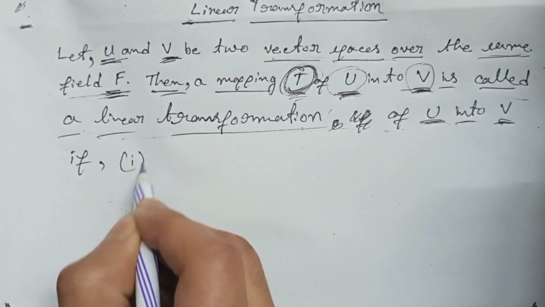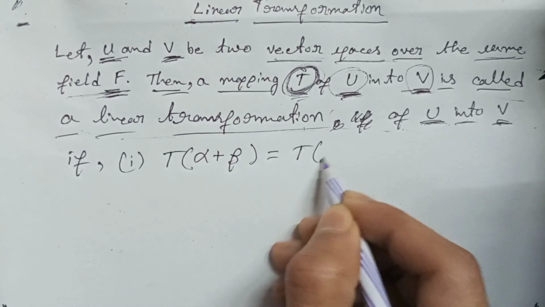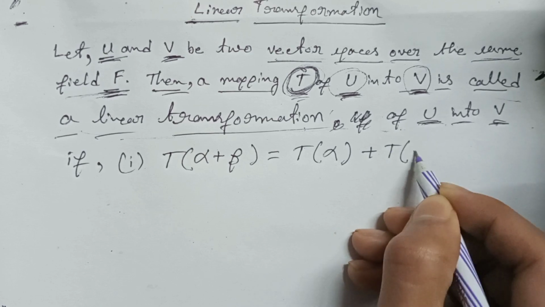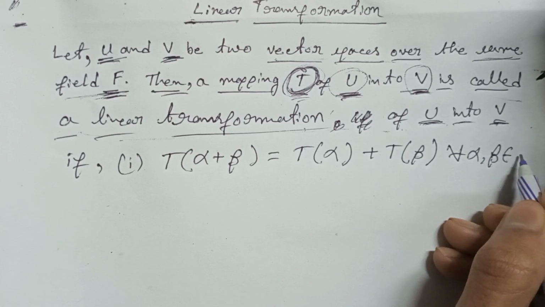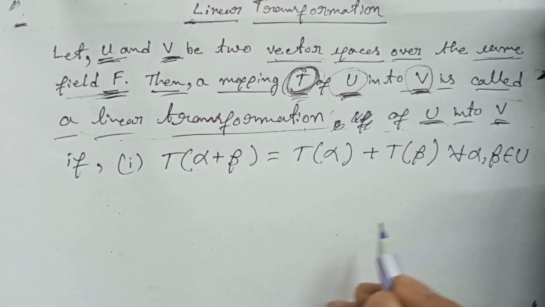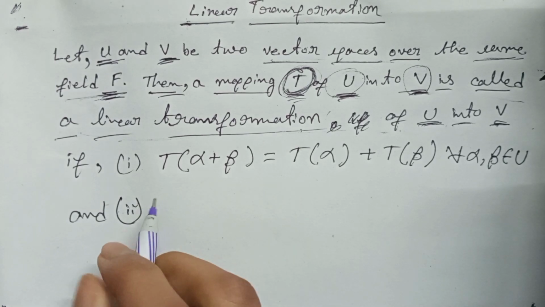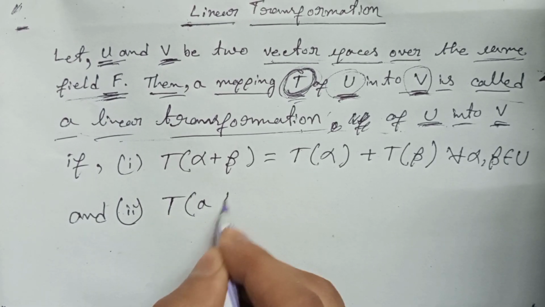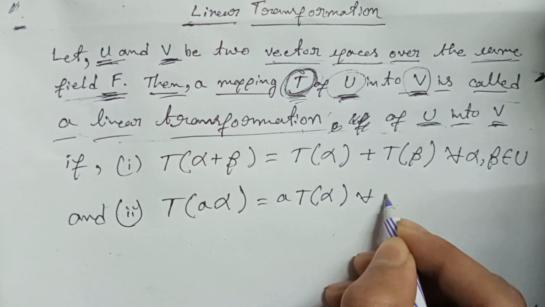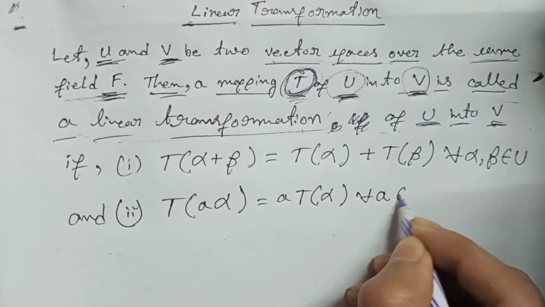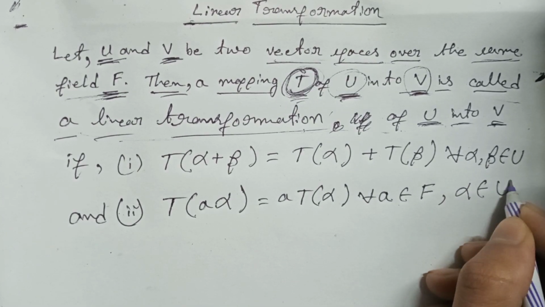Firstly, T(alpha plus beta) equals T(alpha) plus T(beta) for all alpha, beta belonging to U, and the second condition, T(a alpha) equals a T(alpha) for all a belonging to the field F and alpha belonging to the vector space U.